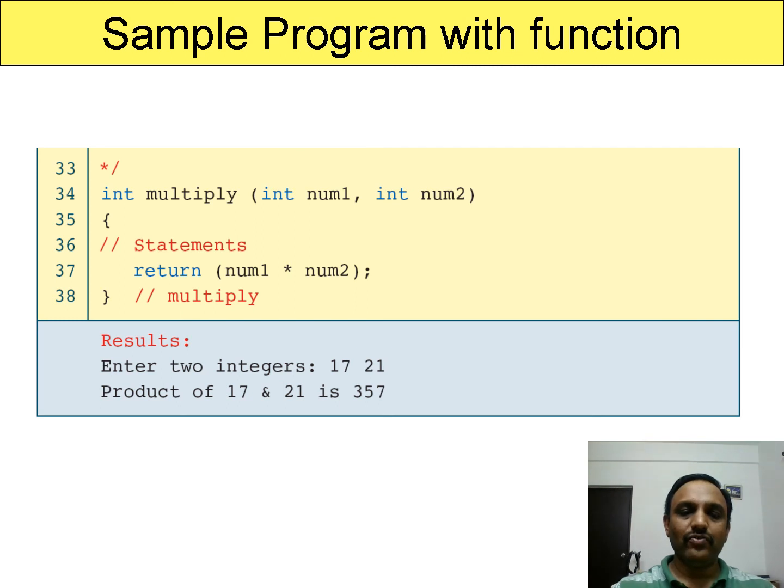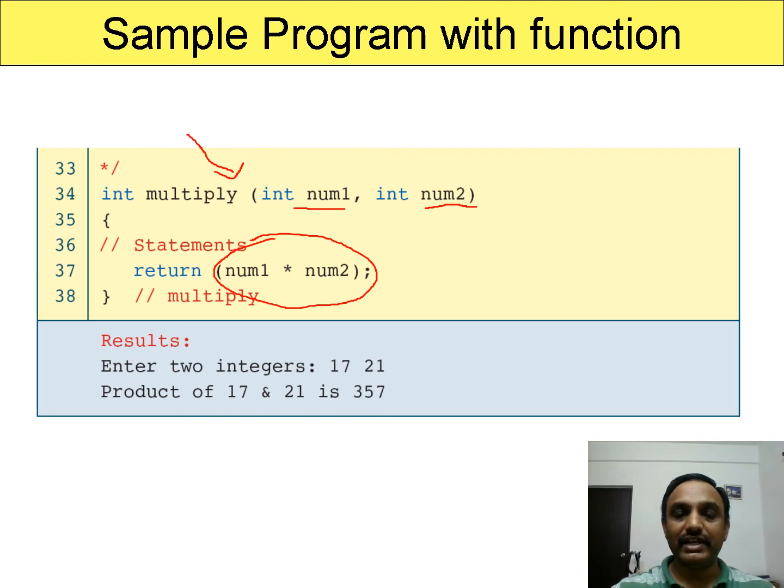Once you call this multiply function, control comes to the function definition. Here the first value, multiplier, is assigned to num1 and multiplicand is assigned to num2. Here we are performing multiplication of those two values and you are returning this particular integer value.